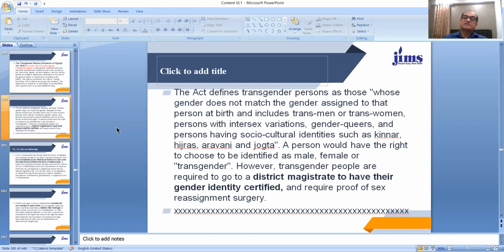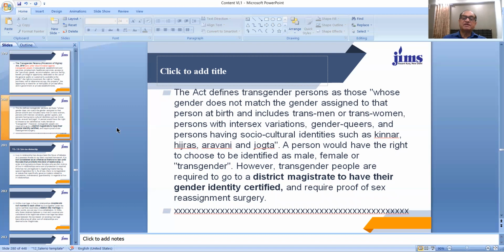This Act further defines transgender persons as those whose gender does not match the gender assigned to that person at birth, and includes trans men or trans women, persons with intersex variation, gender queers, and persons having socio-cultural identities such as Kinnar, Hijra, Aravani, and Jogta. These are the common names given to transgender persons.